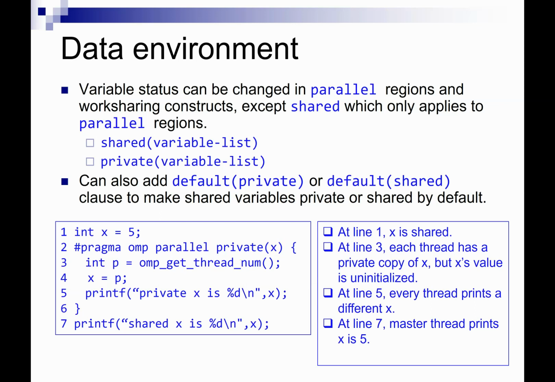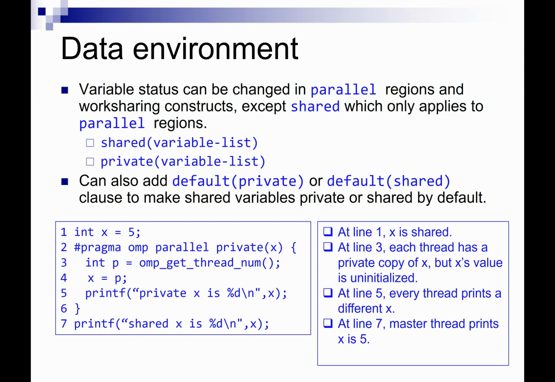So each thread is going to get its thread ID and then set x to be the thread ID. But this is its own private copy of x. That means that every thread will have a different value of x, and then it's going to print out that value over here.